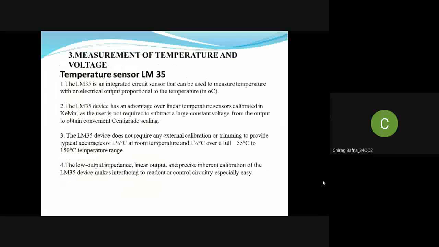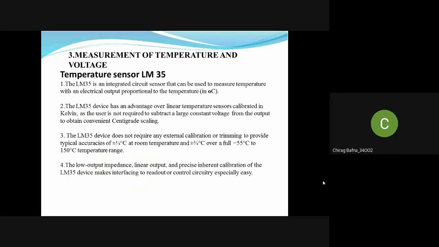The third one is measurement of temperature and voltage. The LM35 temperature sensor is an integrated circuit sensor that can be used to measure temperature with an electrical output proportional to the temperature in degrees Celsius.